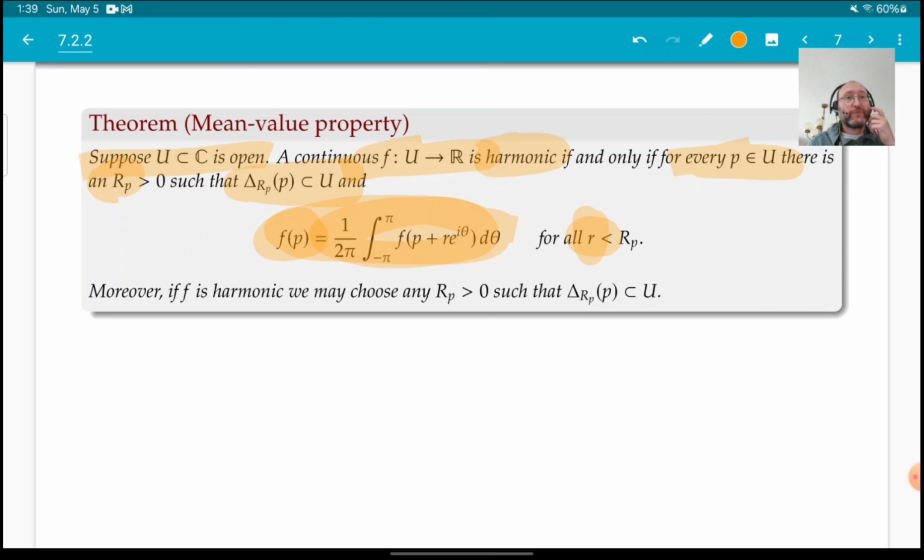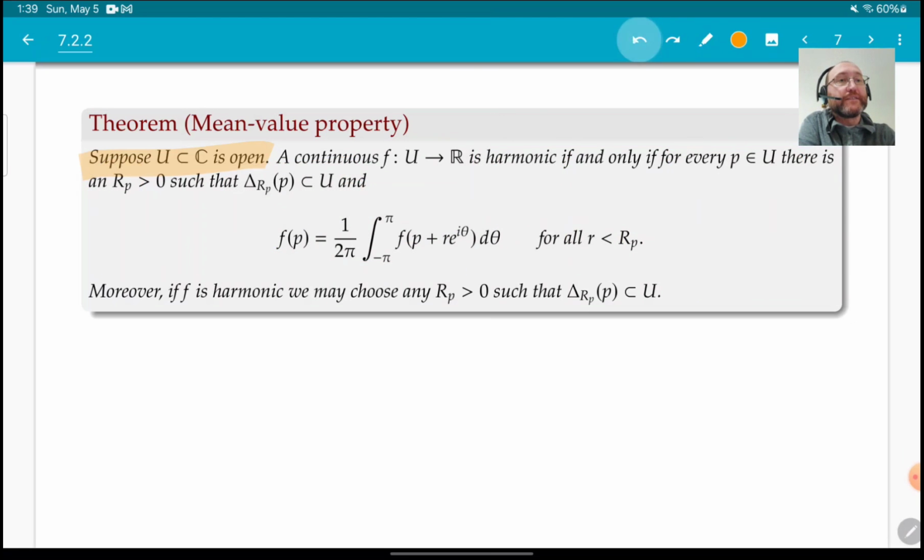So it really says that f is harmonic if and only if you satisfy the mean value property on all small enough circles.